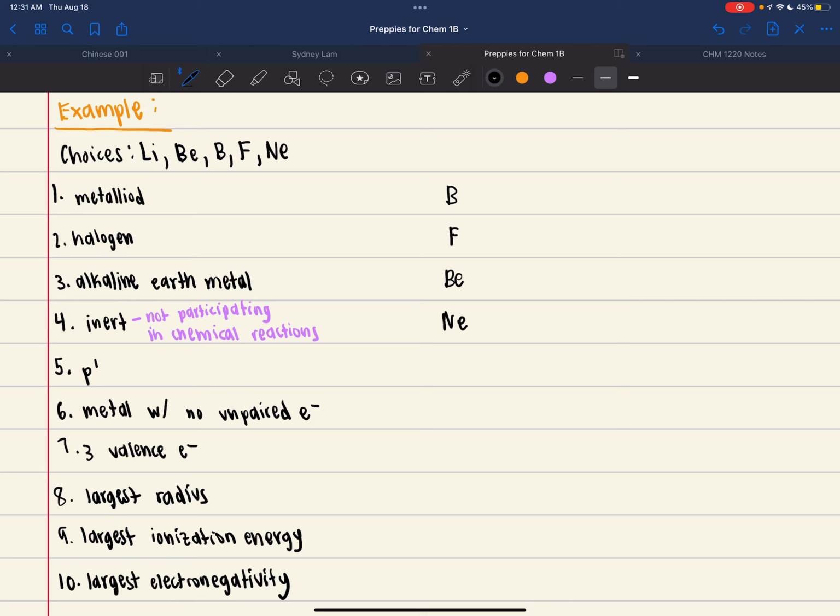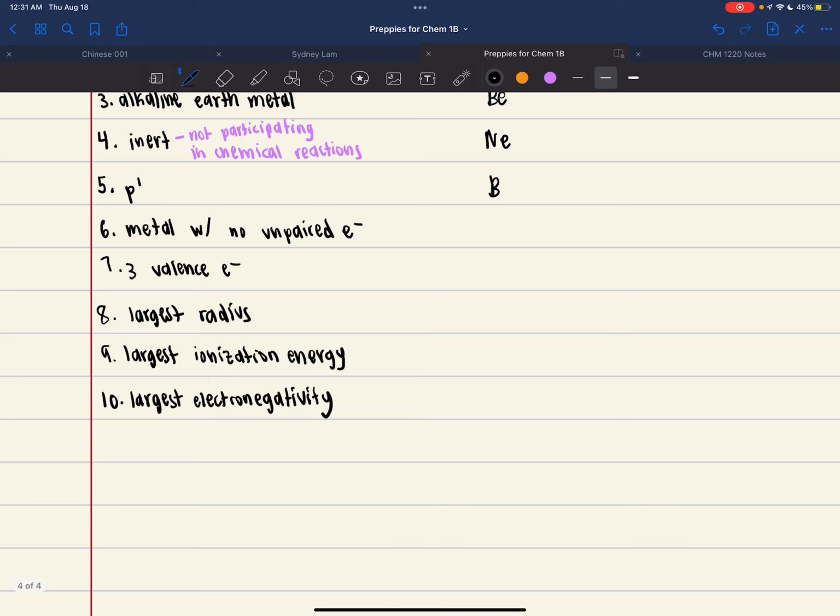They don't want to give away electrons or take electrons, since they are at ideal electron configuration. Right, and P1 would be boron again.